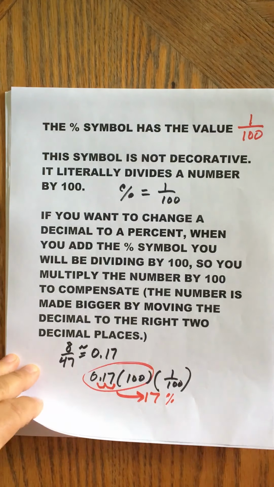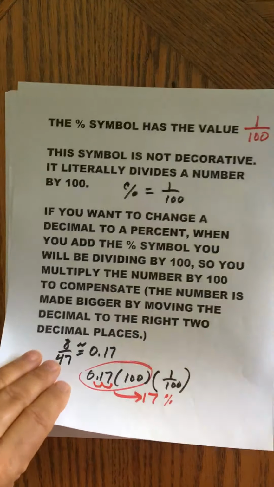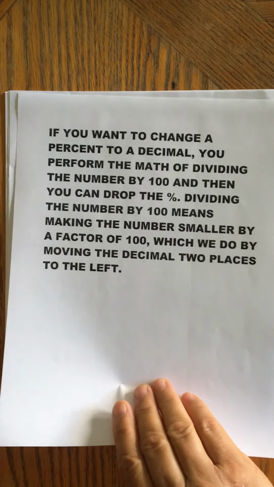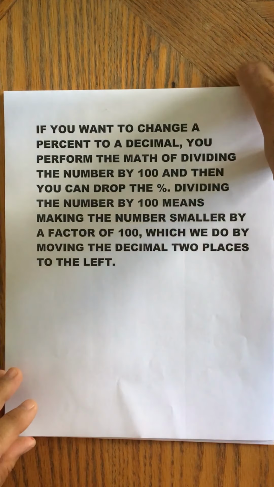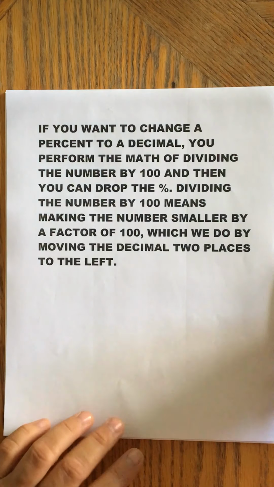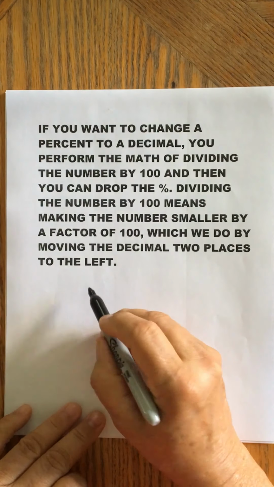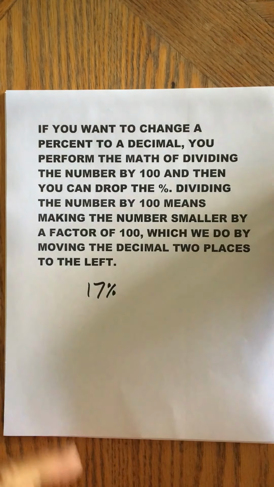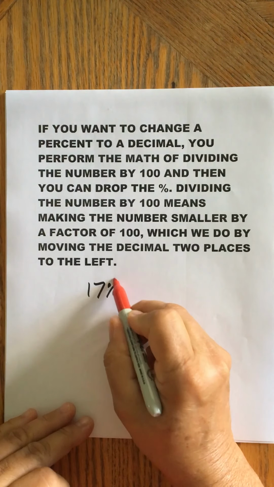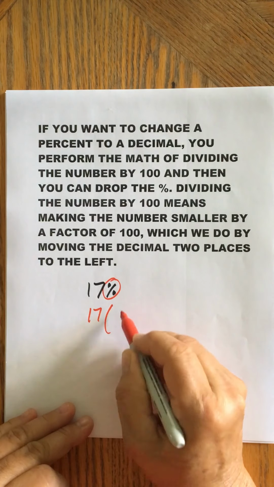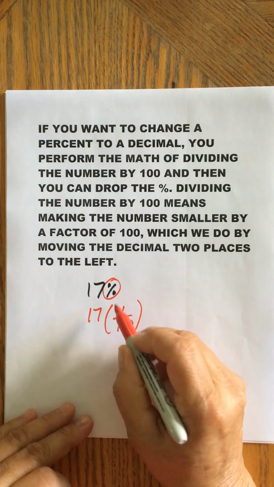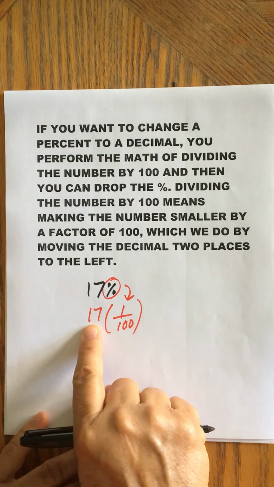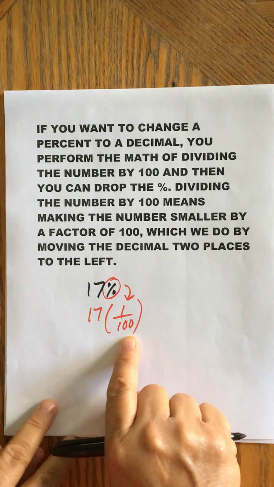And now if you want to go the other way, if you want to change a percent to a decimal, let's say you started out with 17%. There it is as a percent. That means 17 times 1 over 100. That's what that symbol literally means. So you're taking this number 17 and dividing by 100.